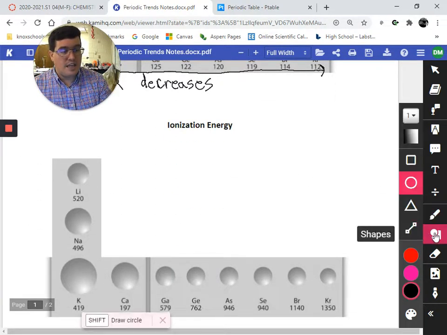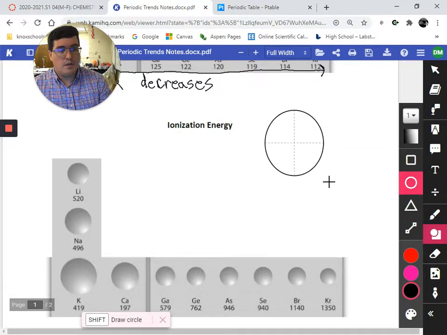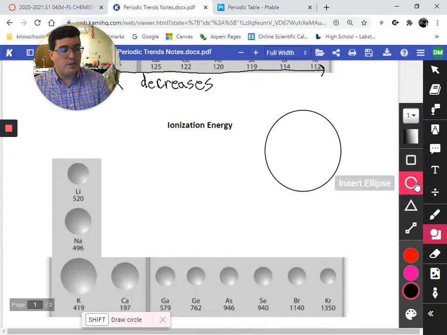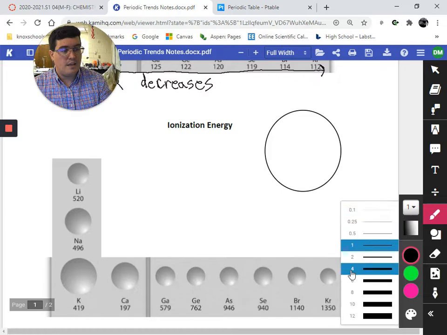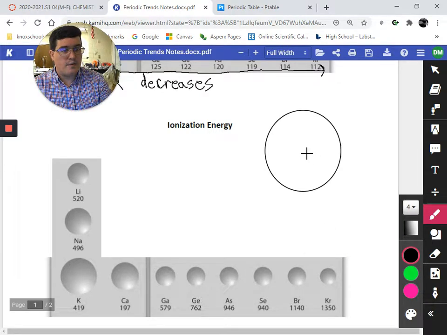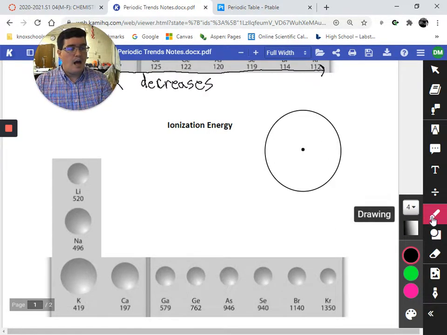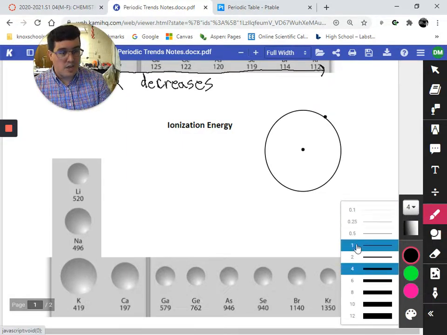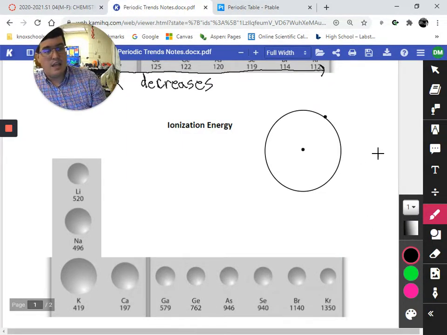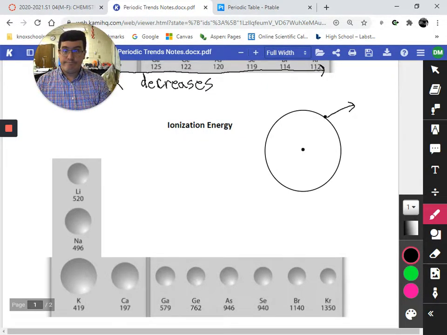Ionization energy, again, to draw the atom. Here we've got our atom, and I'm going to put a nucleus right smack dab in the middle of that thing. It's just a dot. There we go. There's our nucleus. Oh, and don't forget we've got an electron out here in the outer shell. What ionization energy actually is, is what it takes for us to come in and yeet this electron on out of here.